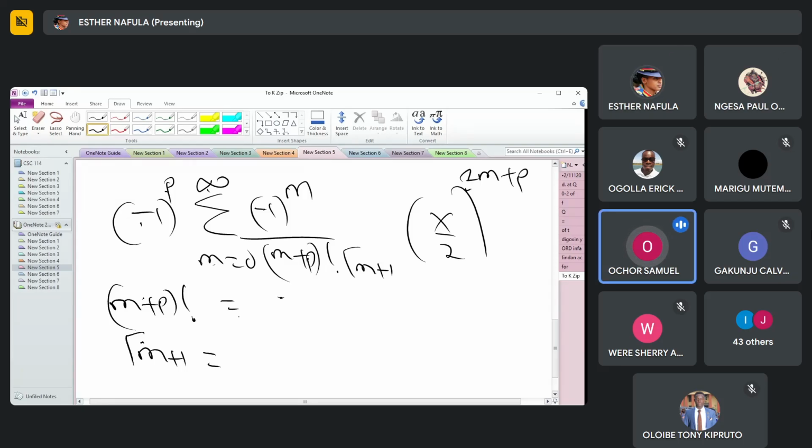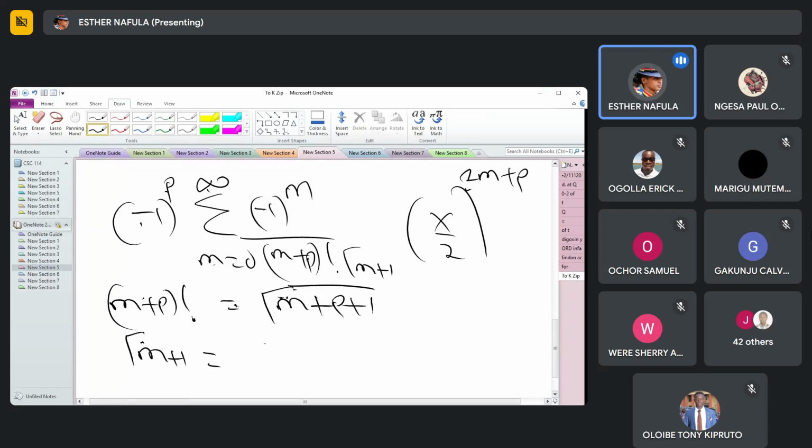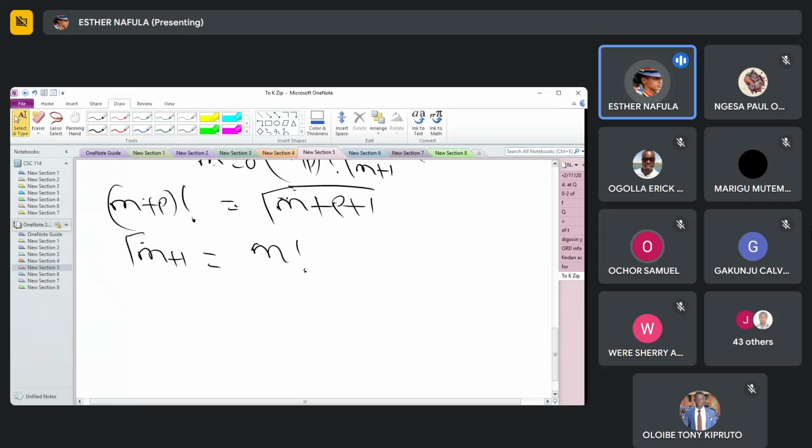Gamma of m plus p plus 1. What is gamma of m plus 1 in terms of the factorial? m factorial. So let's substitute these values.